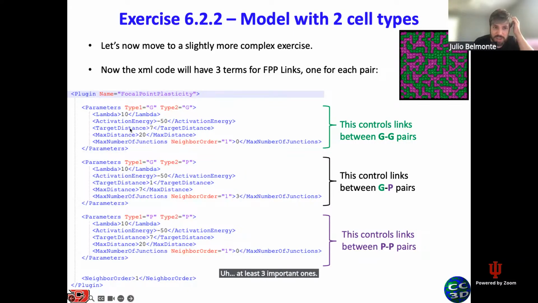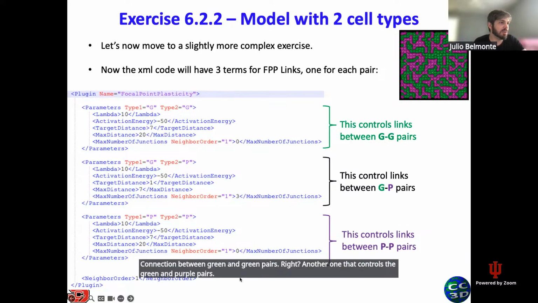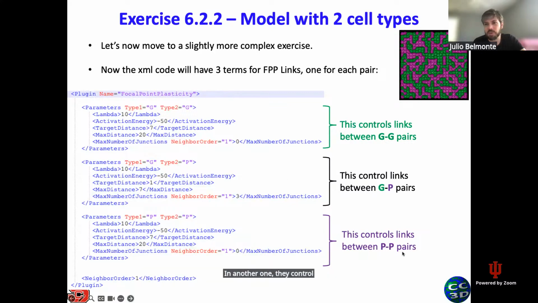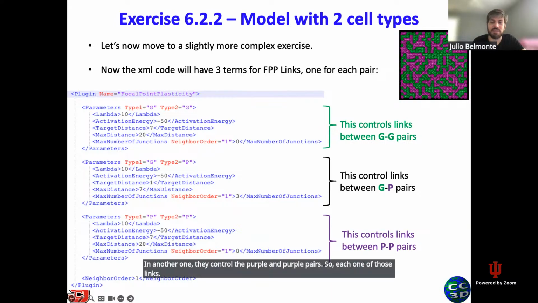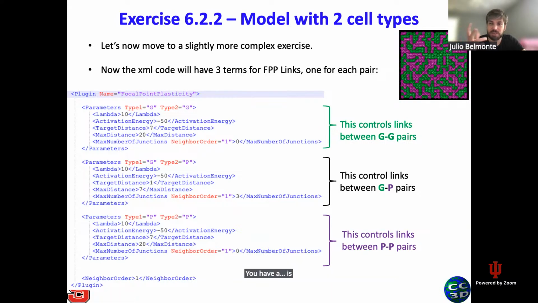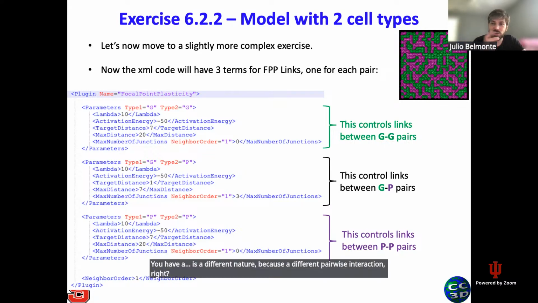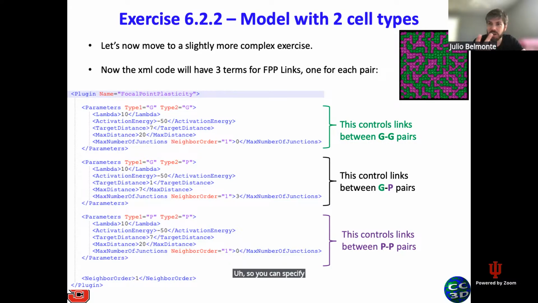First, you have a set of parameters that controls the connection between green and green pairs. Another one controls the green and purple pairs, and another one controls the purple and purple pairs. Each one of those links is of a different nature because it is a different pairwise interaction. So you can specify different parameters for each one of them.